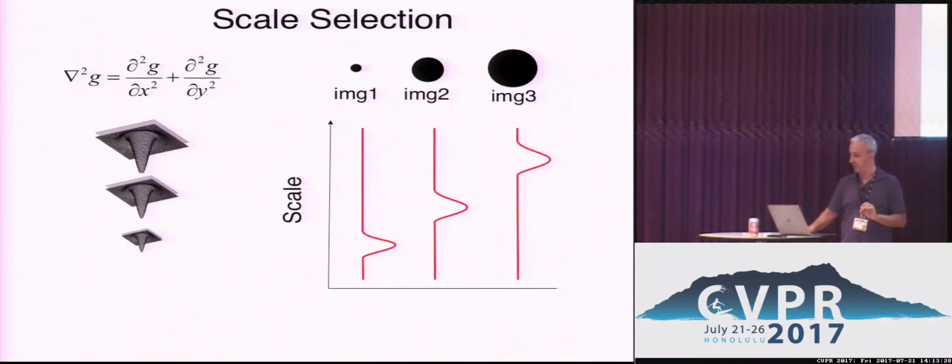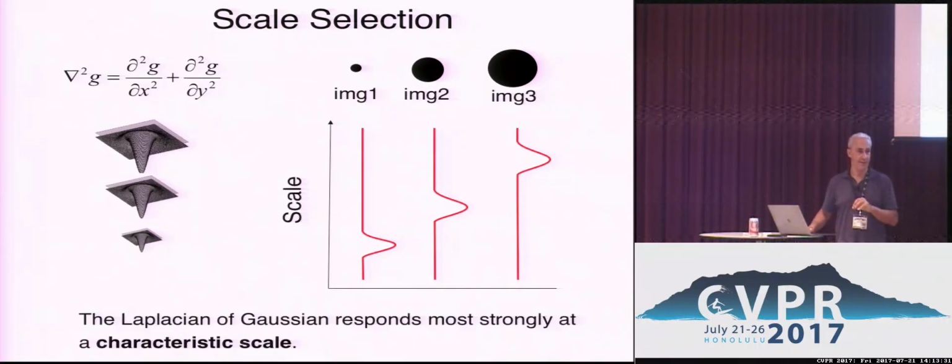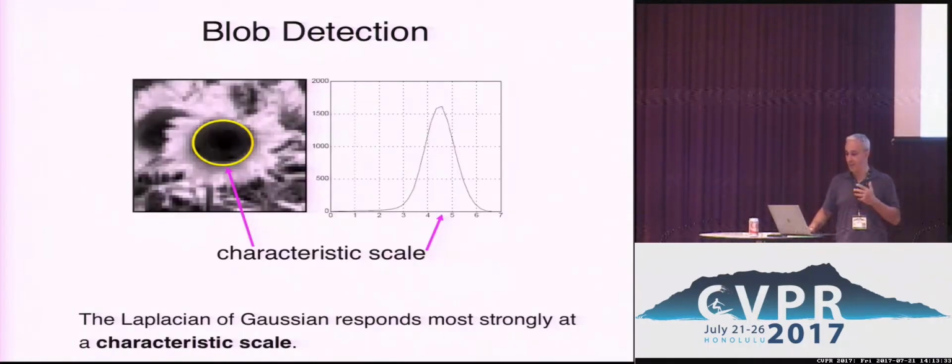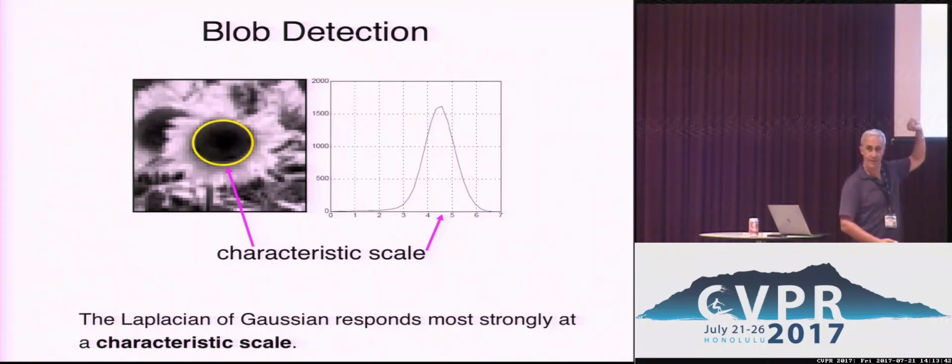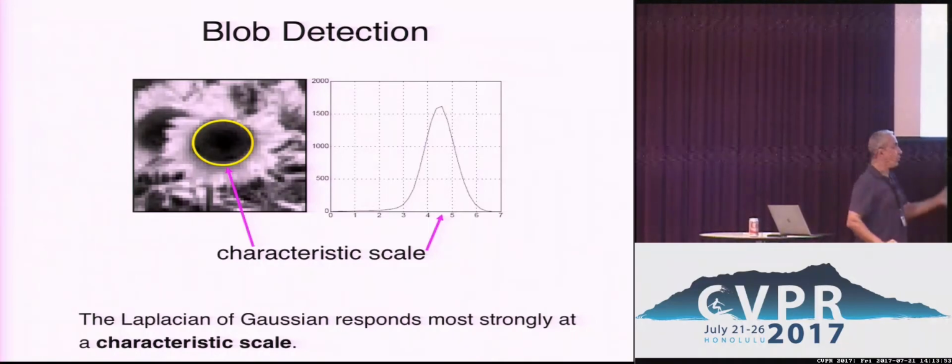So it responds at a characteristic scale. And that's something that SIFT is going to exploit again. So if you take a Laplacian centered where the yellow circle is, and you look at the response when you vary the scale, you have a peak for a particular size, a particular sigma. But you also have a peak if you move it off-center. The response will also decrease.